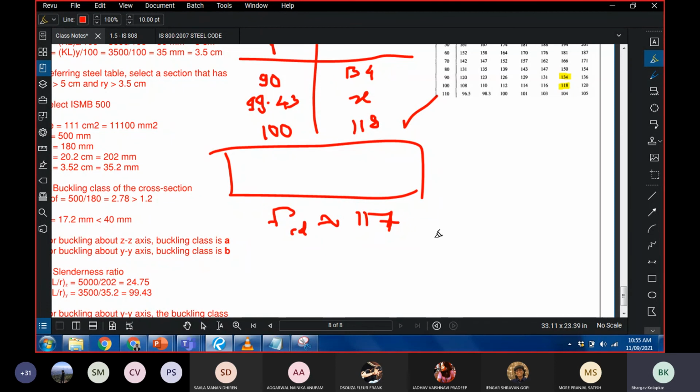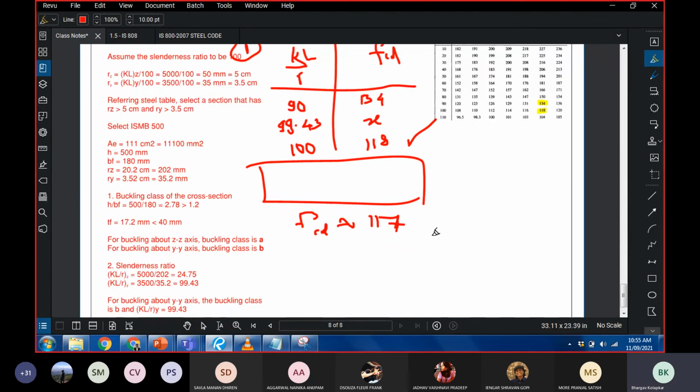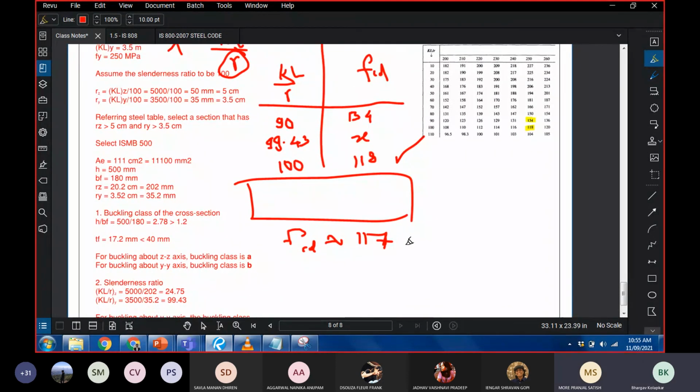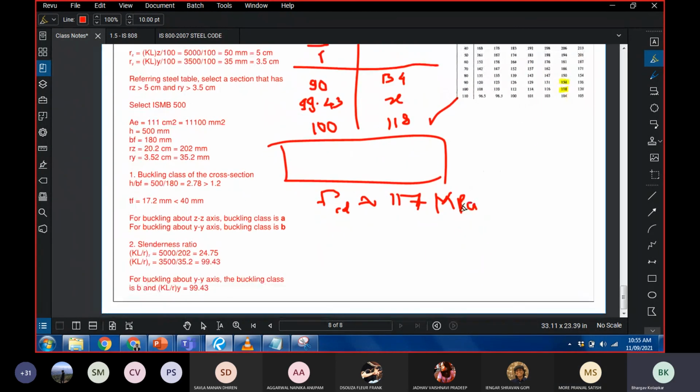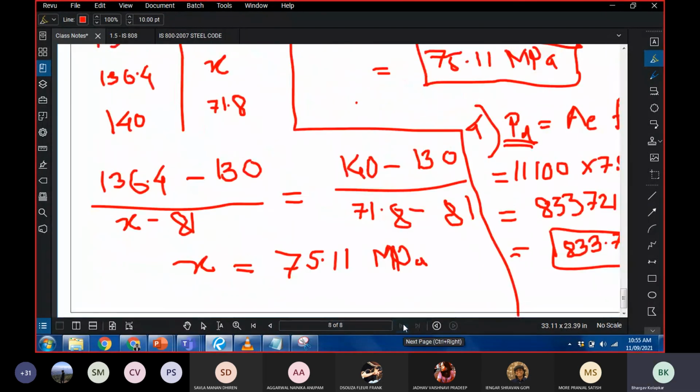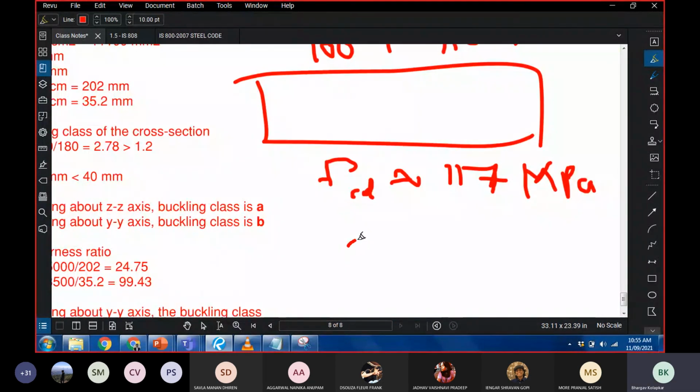What is the unit? Megapascal, because it is stress. And then the last step is to find the load that it can take. So this is equal to AE times FCD.